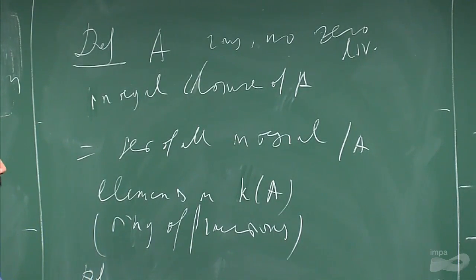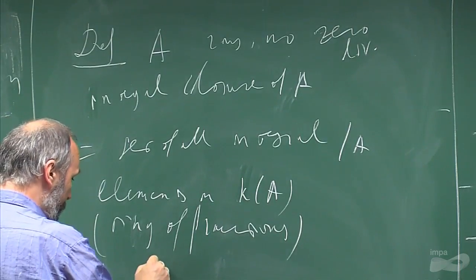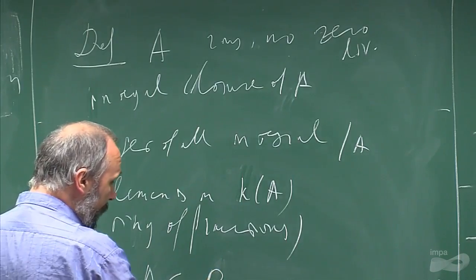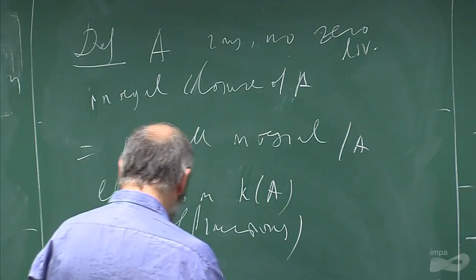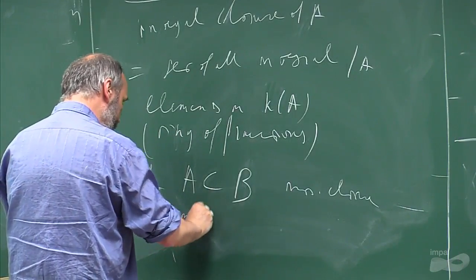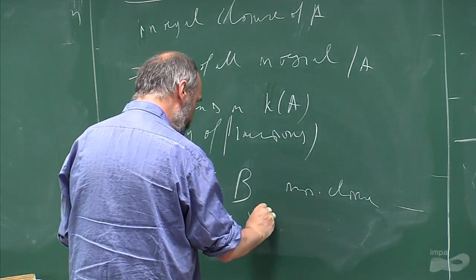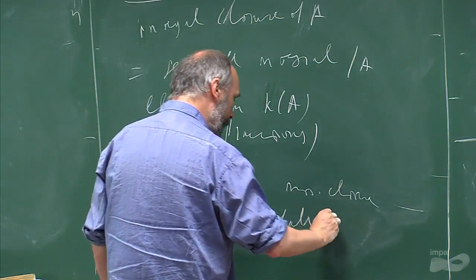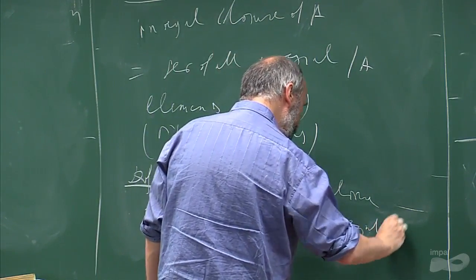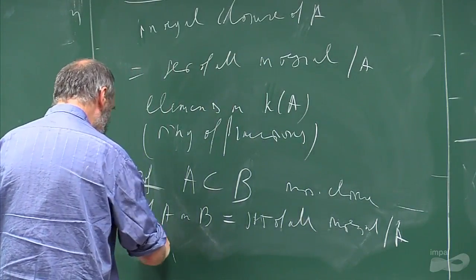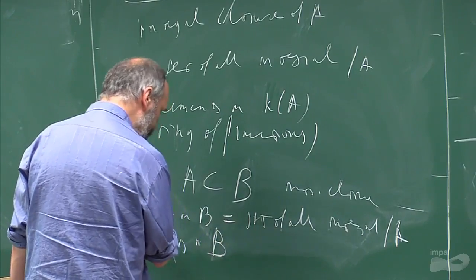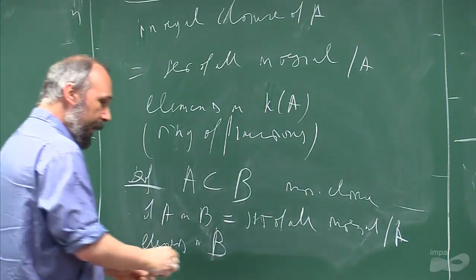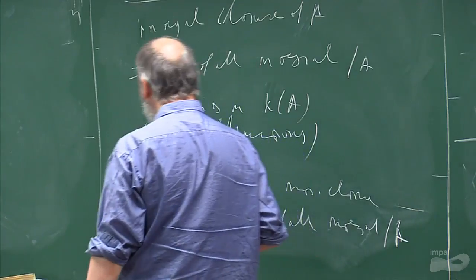In fact, you can take integral closure inside something. So if A is inside B, the integral closure of A in B is the set of all elements in B integral over A. So this is integral closure as well.